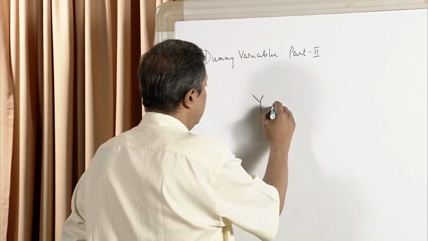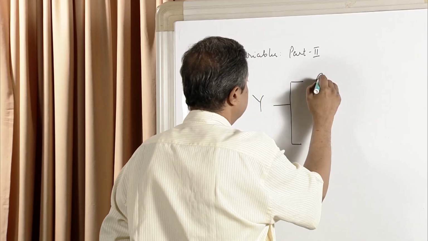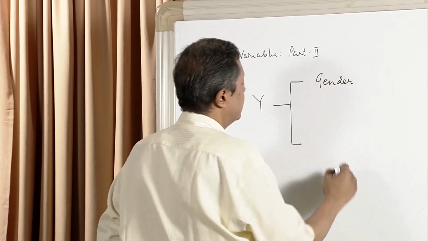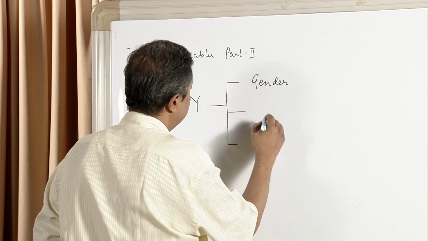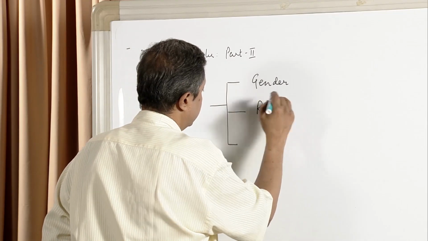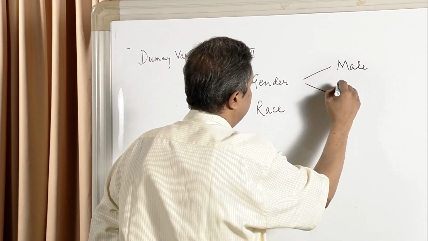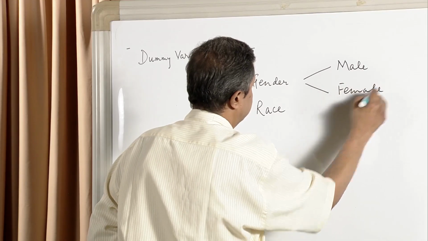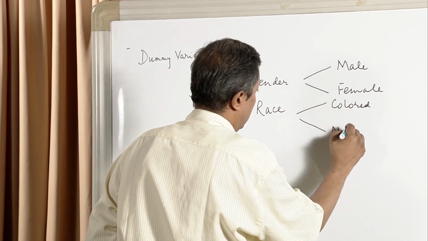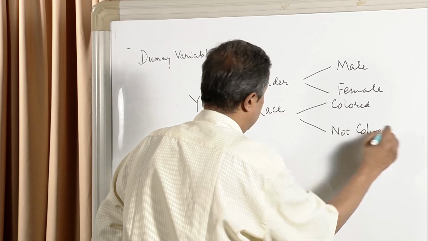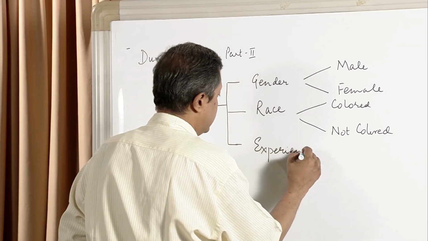variable Y is affected by maybe gender, which is male or female, also maybe by race, which could be maybe colored and not colored, and maybe by experience.